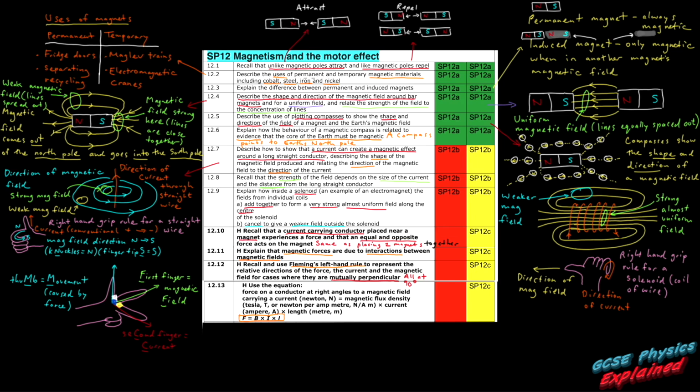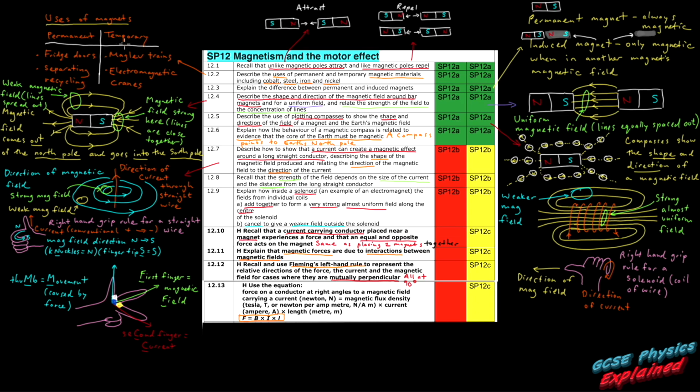Describe the uses of permanent and temporary magnetic materials, including cobalt, steel, iron and nickel. Well, the first thing is make sure you know that they are the 4 magnetic materials that you'll need to talk about at GCSE. And the uses of permanent magnets, for 1 mark, you use them in a fridge door, or for separating recycling, like steel cans from aluminium cans.